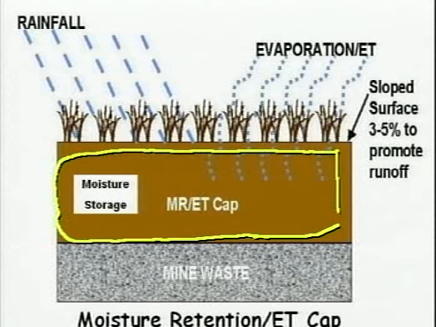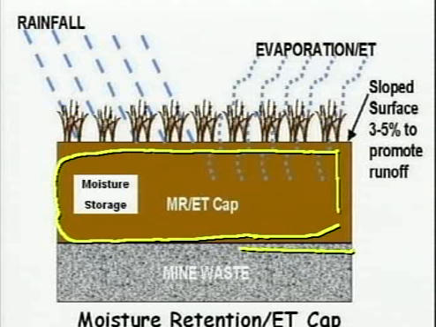This doesn't have to be topsoil. It can be oxide waste that stores the moisture that the plant roots and capillary suction can pull to the surface. Again, they used oxide waste at Golden Sunlight. If the mine waste is a wet tailings, you may need to include a capillary break, right here, to avoid salt buildup in the plant growth layer.